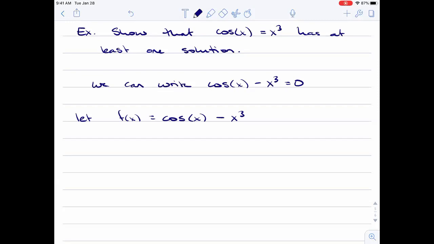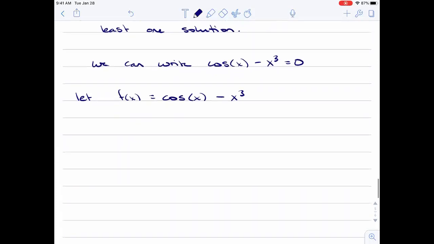And so subtracting one continuous function from another, we just get another continuous function. And so we know f of x is continuous on R, continuous on the set of real numbers.